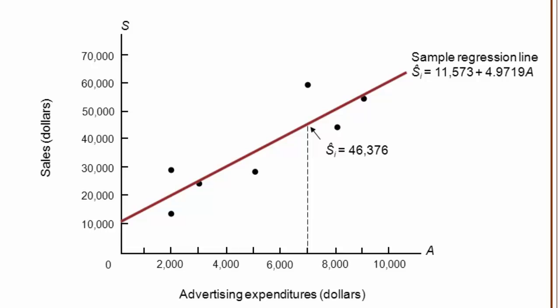You can see that that's quite a bit away actually from the actual data point, the actual amount of sales that happened, which was $60,000 of sales. So there's this error, this residual between the actual data point of 60,000 and the estimated or fitted value of 46,000.